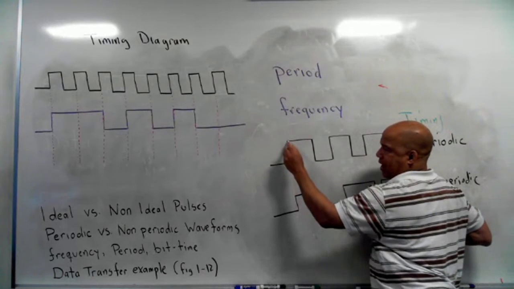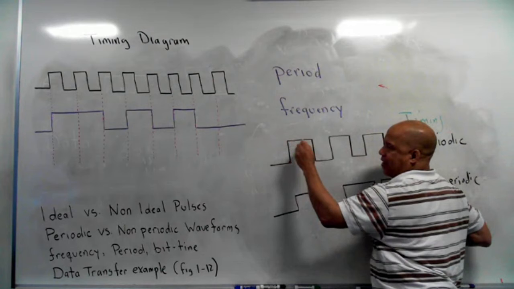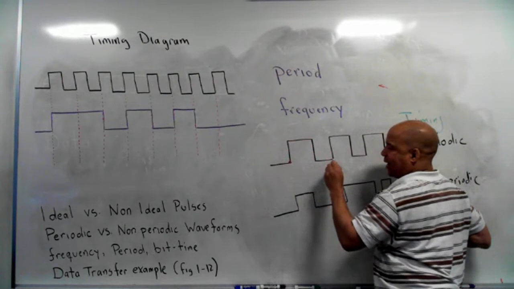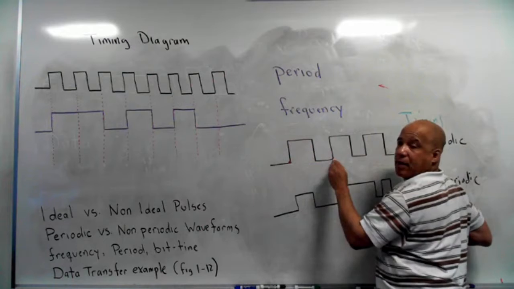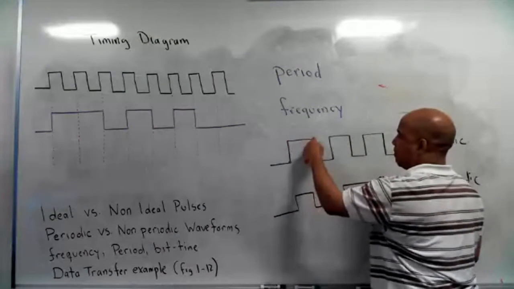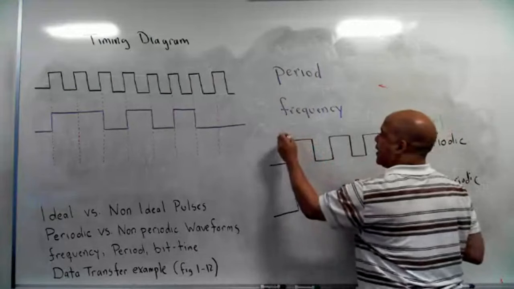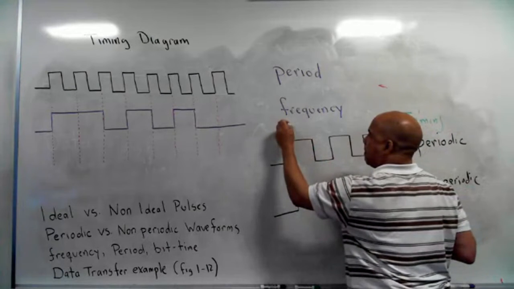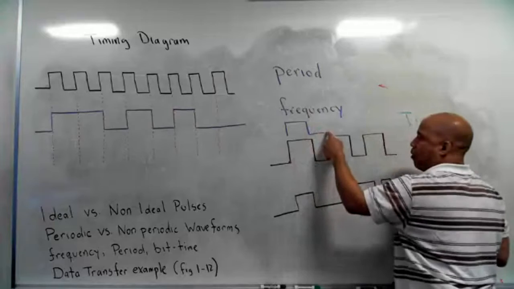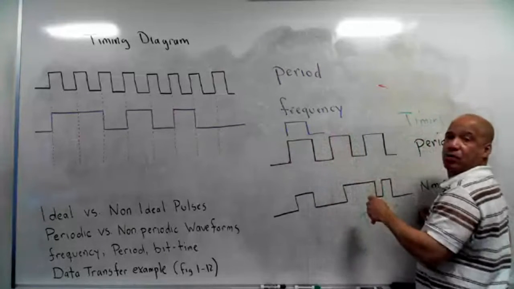I come up to a high value. I stay at a high value for a certain amount of time. I go to a low value. And then right at this point, it starts to repeat. The part that repeats is this: up, stay high for a while, come back down. And at that point, the second cycle starts.